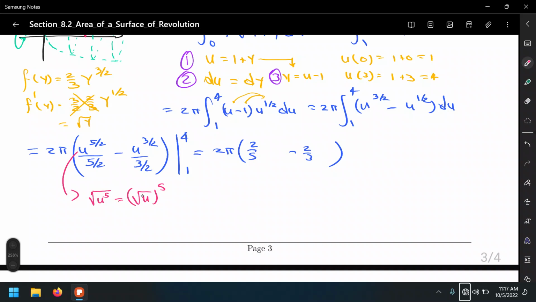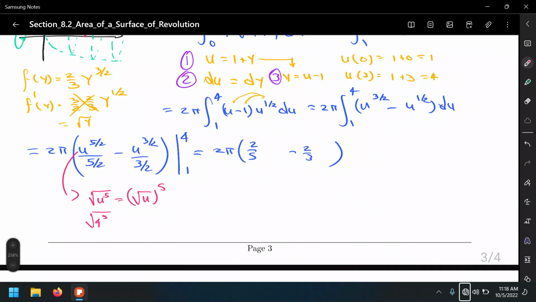The second version is useful when the limits of integration are perfect squares, because then we can easily take the square root of 4 and the square root of 1 and then raise to the 5th power, instead of doing the square root of 4 to the 5th power, which I don't know what 4 to the 5th power is, and on a quiz or an exam you're not going to have a calculator to compute this quantity. So it's important to take into consideration which of these two versions of the radical property is more appropriate.